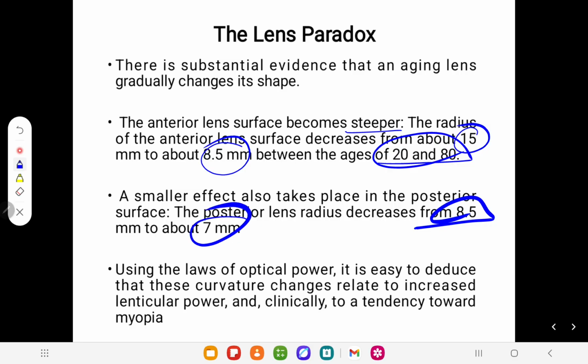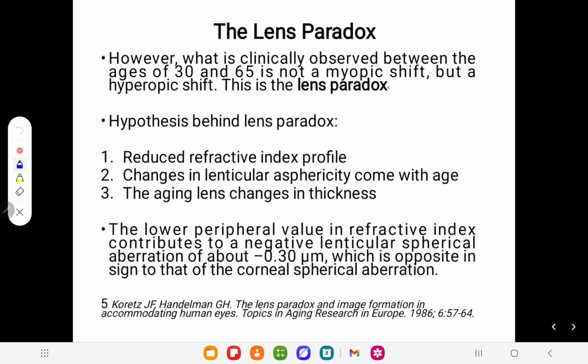And this change in lens curvature increases the lenticular power and gives a tendency towards myopia. However, what is clinically observed between 30 to 80 is not a myopic shift but a hyperopic shift. This is the lens paradox.